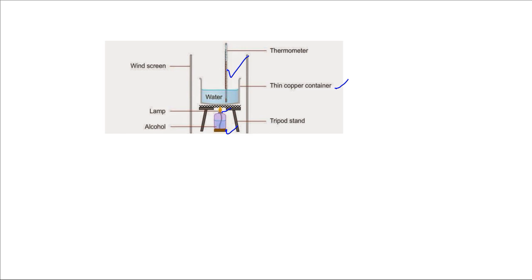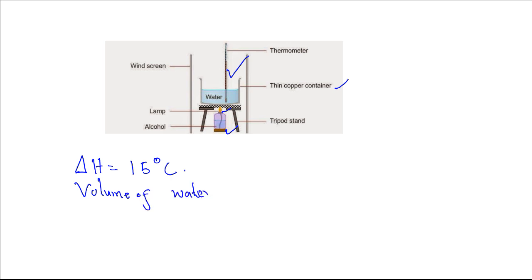Now, we have realized that delta T is 15 degrees Celsius. Volume of water that was used is 100 cubic centimeters.